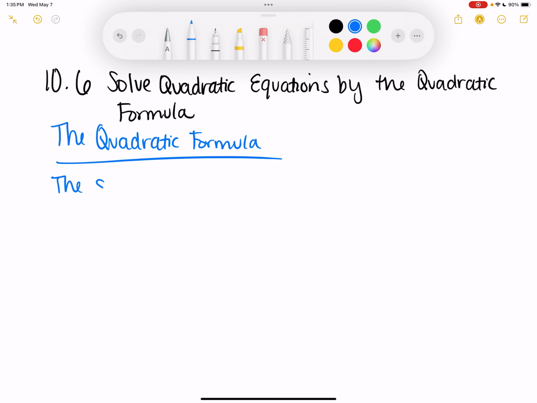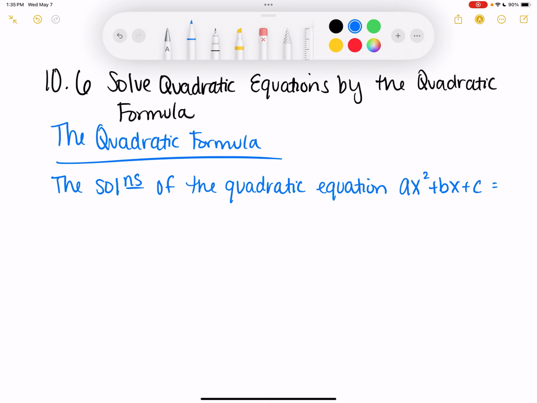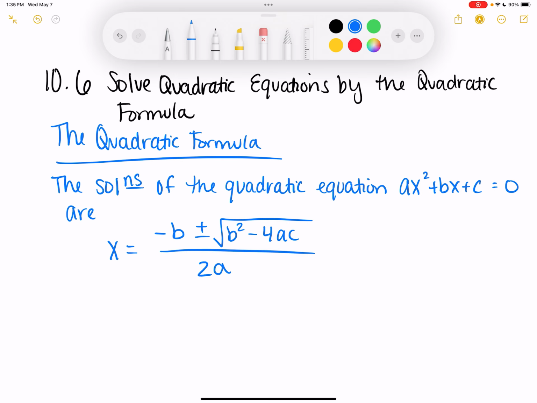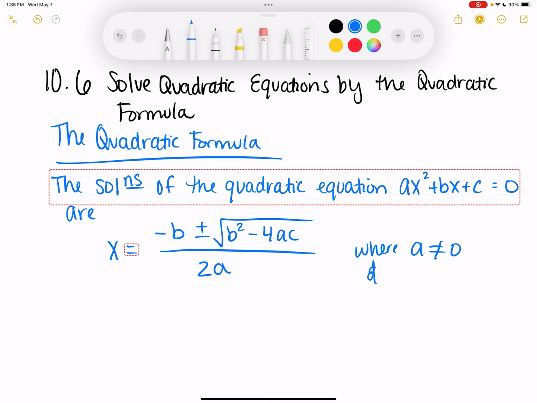The solutions of the quadratic equation ax squared plus bx plus c equals 0 are x equals negative b plus or minus the square root of b squared minus 4ac, all over 2a, where a is not equal to 0 and b squared minus 4ac is greater than or equal to 0.